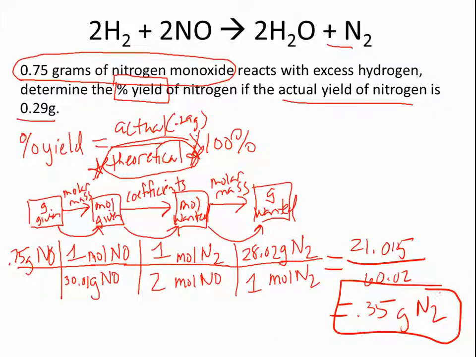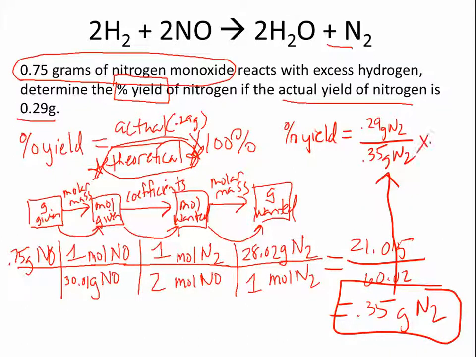All right, now we got to find the percent yield. So the percent yield equals the actual yield, which we were told was 0.29 grams of nitrogen, divided by our theoretical yield, which is 0.35 grams of nitrogen times 100%.